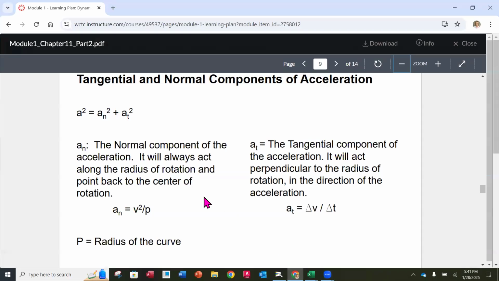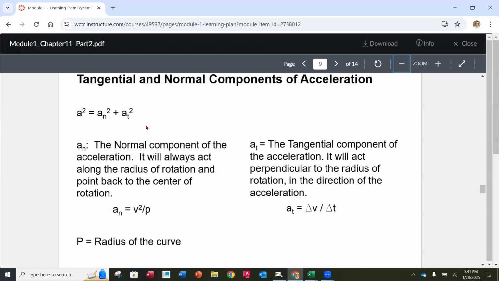This equation for total acceleration, or just acceleration of a point, is equal to the square root of the normal component of acceleration squared plus the tangential component of acceleration squared, which is using Pythagorean's theorem because it's a right triangle, because the tangential and normal are 90 degrees to one another.